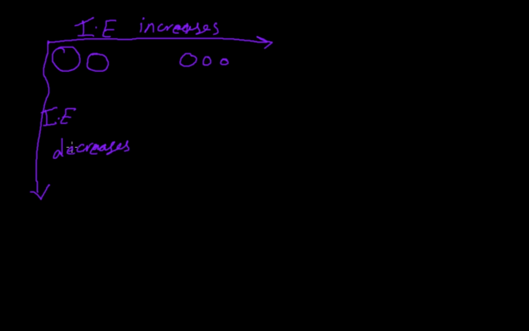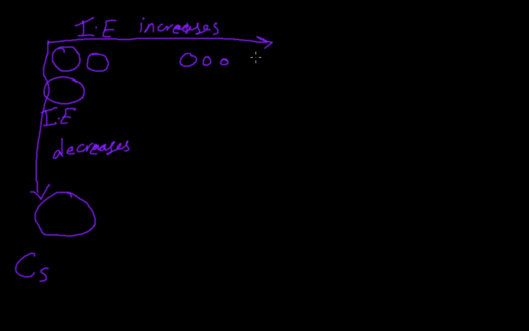But in the case of the group, when you go down the group from top to bottom, the atomic size increases, and that means the effective nuclear charge decreases and the electrons are not tightly bound to the nucleus. So it will be easier to remove one electron from an element such as cesium, because of its large atomic size and small effective nuclear charge.